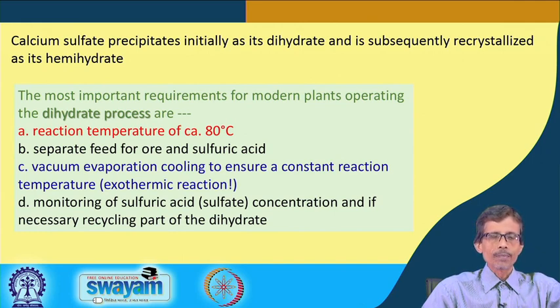a constant reaction temperature, because the reaction is exothermic, so we should always have a constant temperature for the reaction, otherwise the temperature will rise. So, the exothermic reaction should be handled in a nicer way by controlling it with a cooling mechanism.